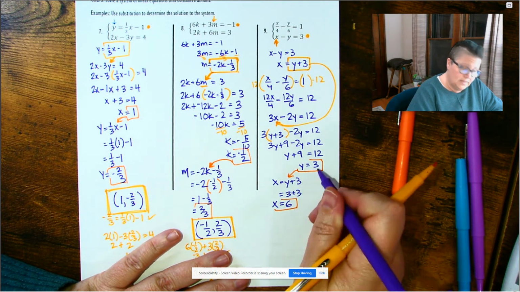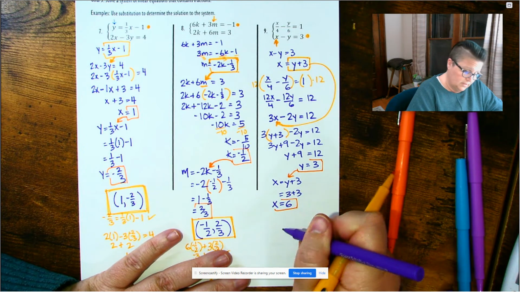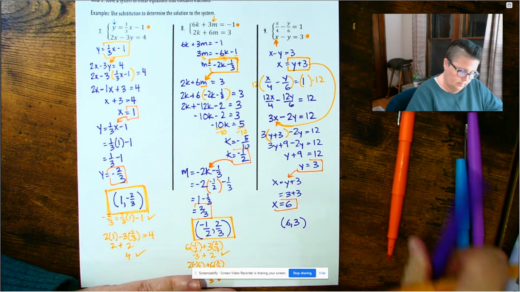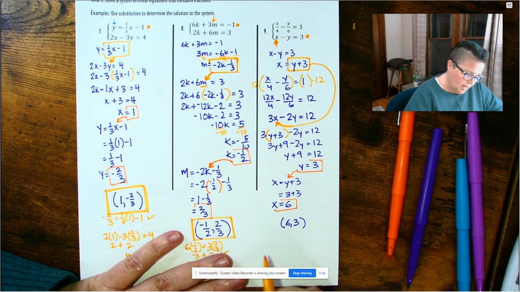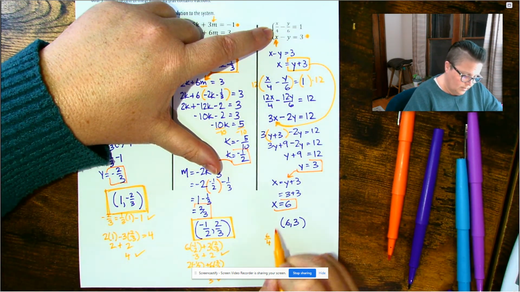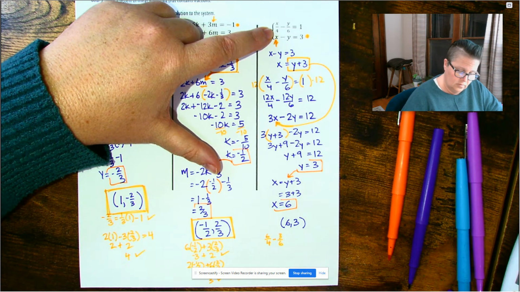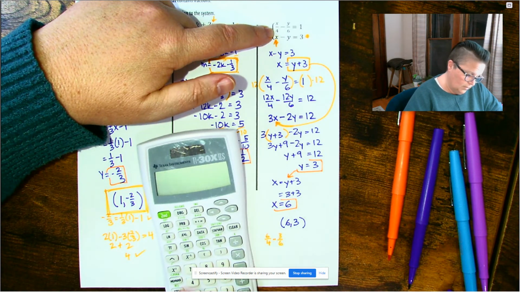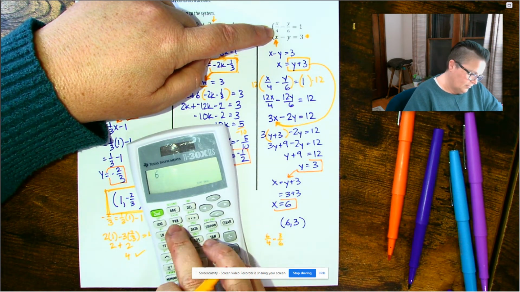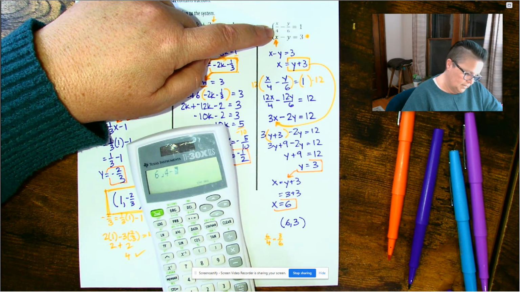Now, this tells me that I should have a solution at 6, 3. And I can check that by doing 6 over 4 minus 3 over 6. If I want to do it quickly, I grab my fraction button, right? 6 fraction 4 minus 3 fraction 6.